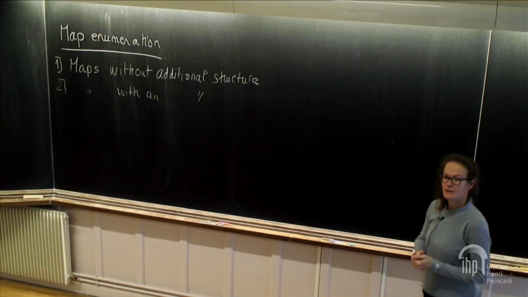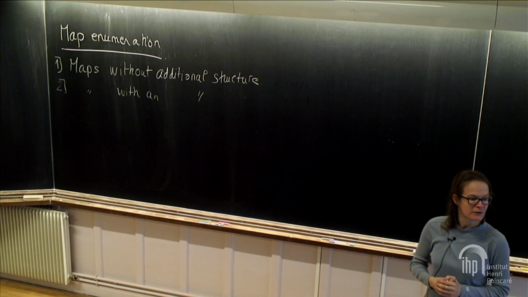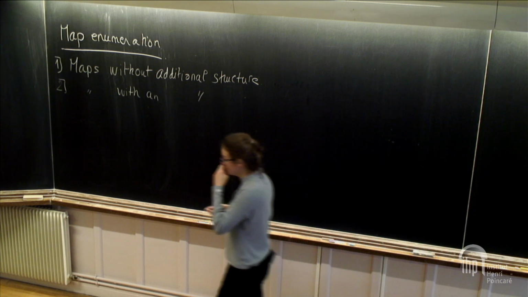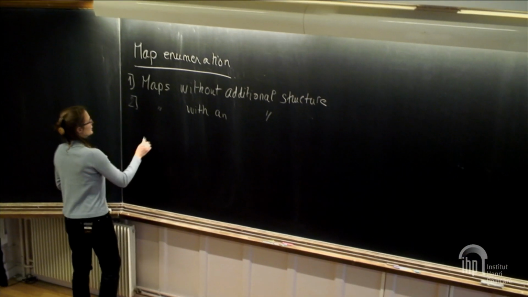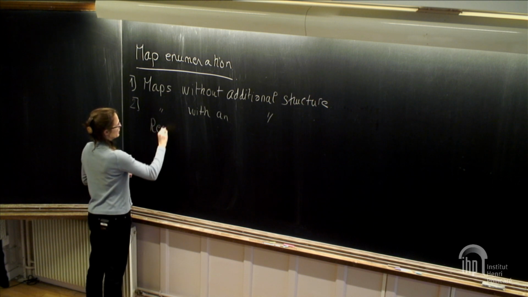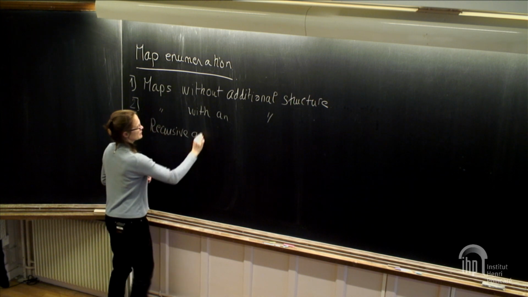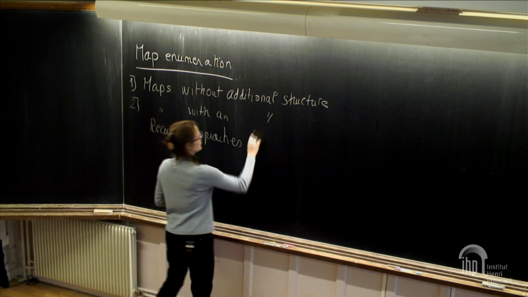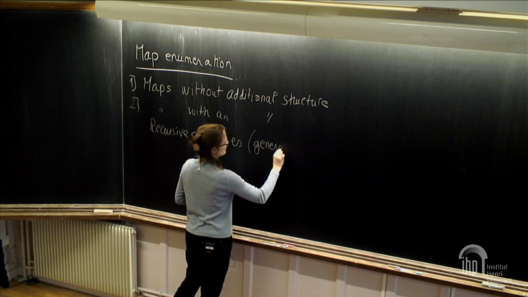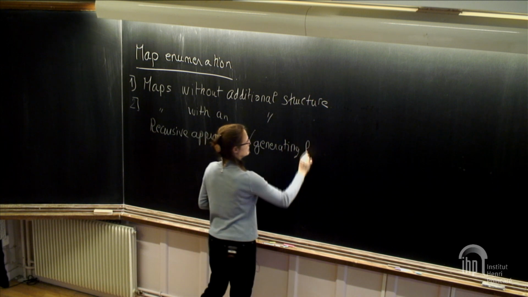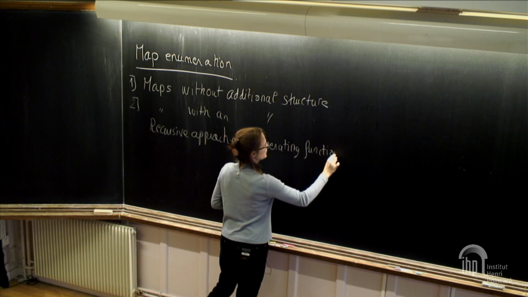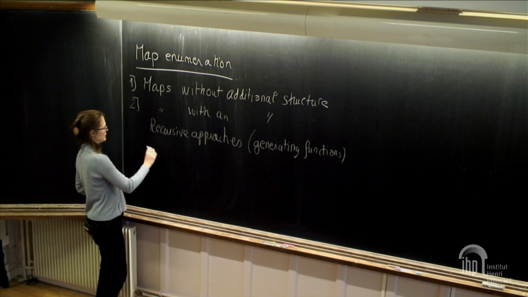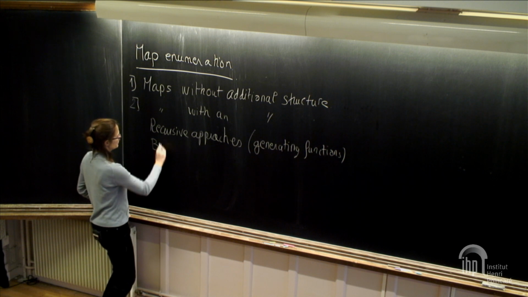Okay, so there are several methods to address the enumeration of maps. And I will list four of them, probably the main four. So first, there are the recursive approaches that use generating functions and equations on those generating functions. Then you've probably heard about the very successful story of bijective approaches.